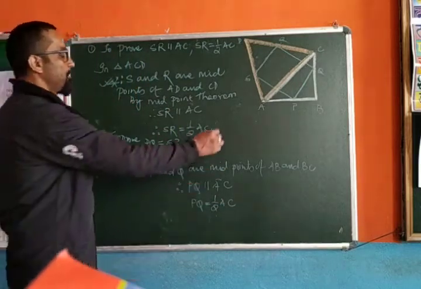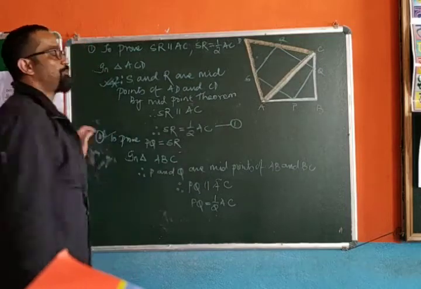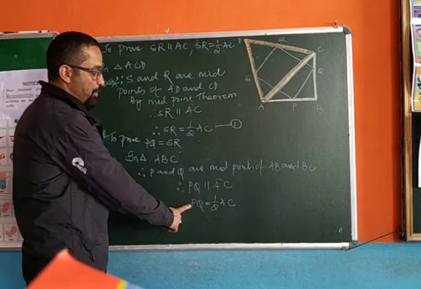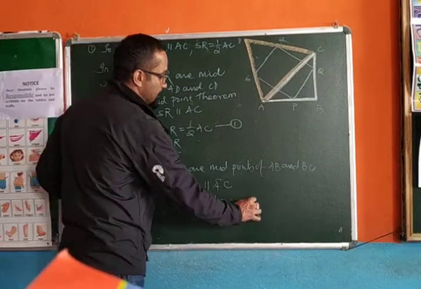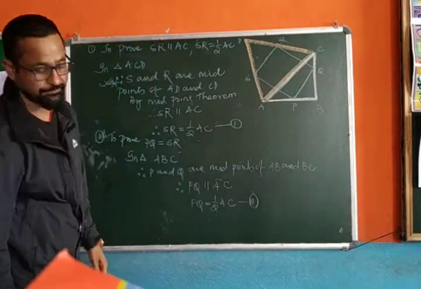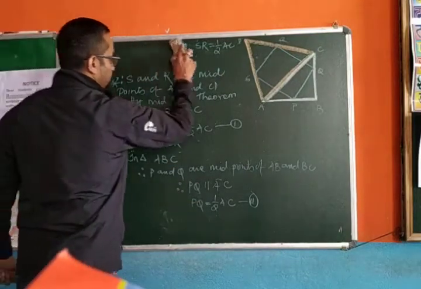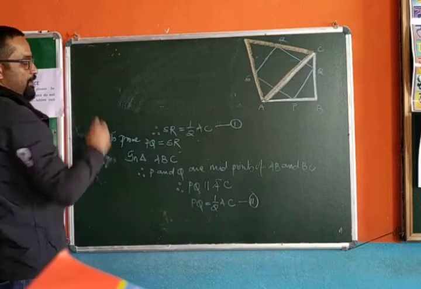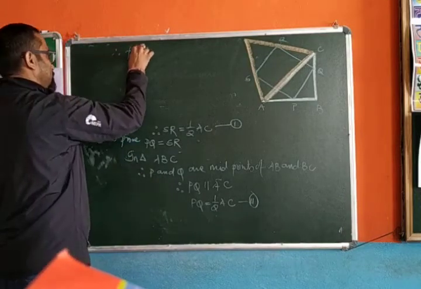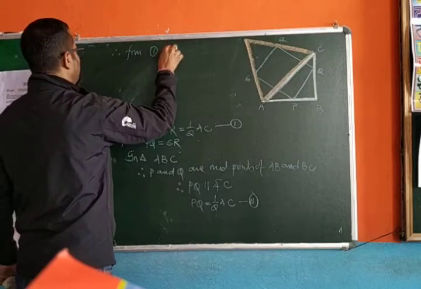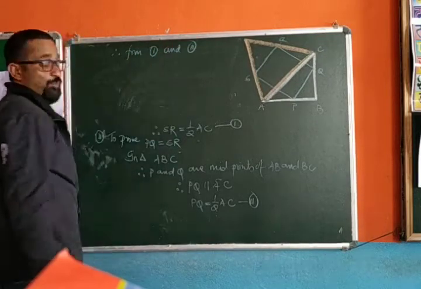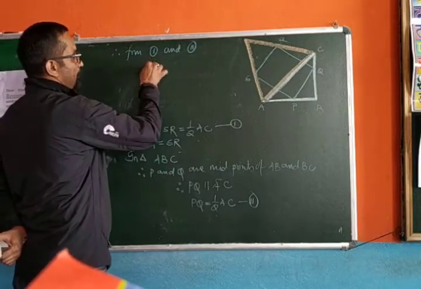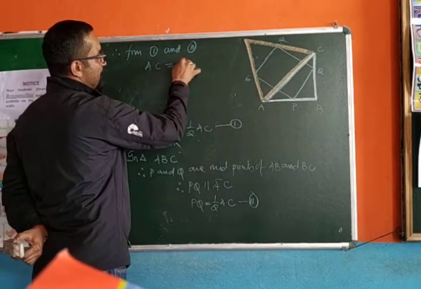In the first proving, we take SR equals half of AC as the first equation. Second one, PQ equals half of AC. Therefore, from 1 and 2, from the first proving and second proving, AC is equal to AC.